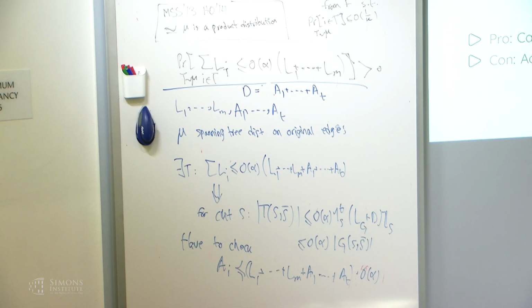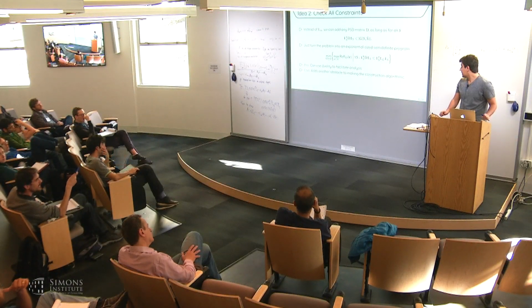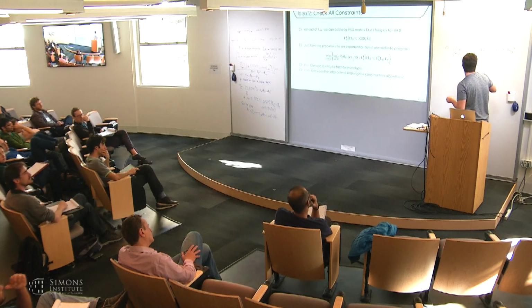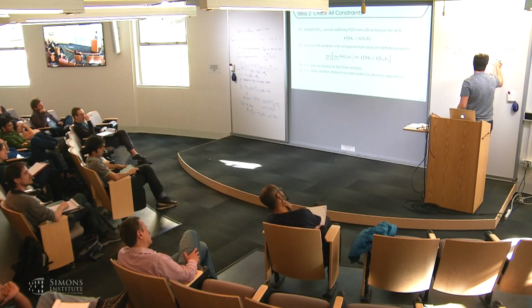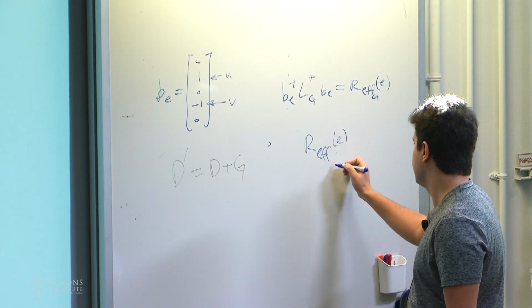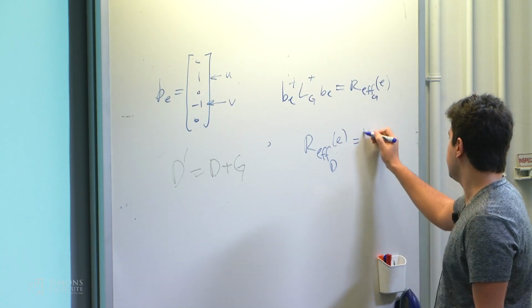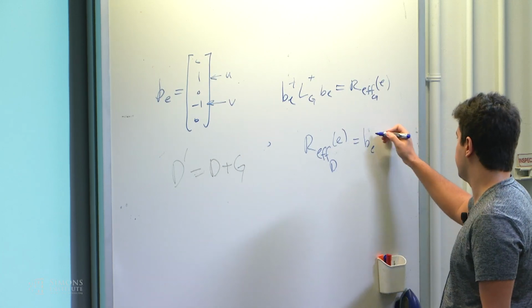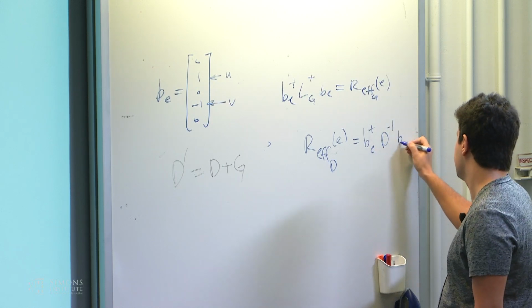Can you explain what you mean by effective resistance of D in D? Oh yeah, so it's just the same quadratic form. Sorry, yeah. So effective resistance of some edge with respect to D is basically the same thing that you would write for Laplacians, except here with the inverse.